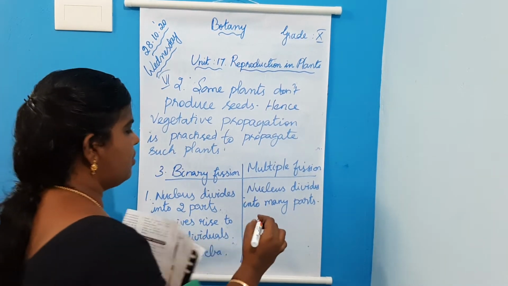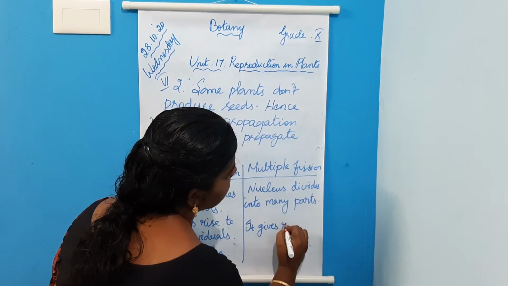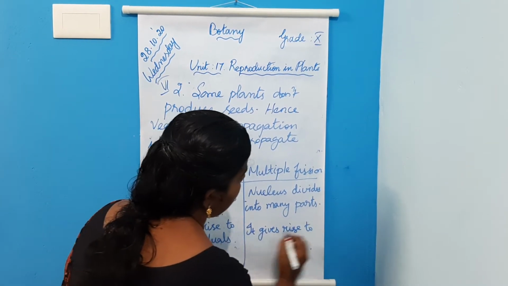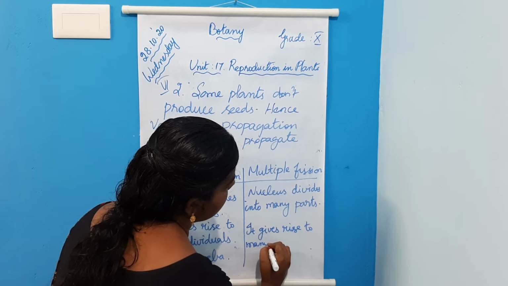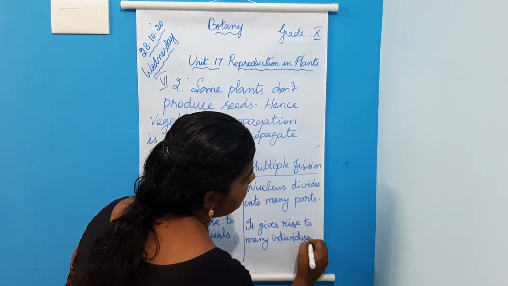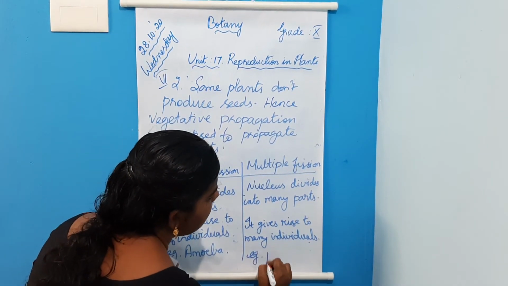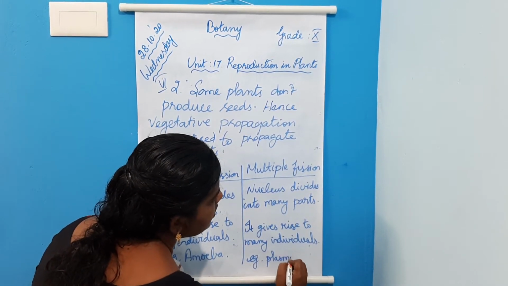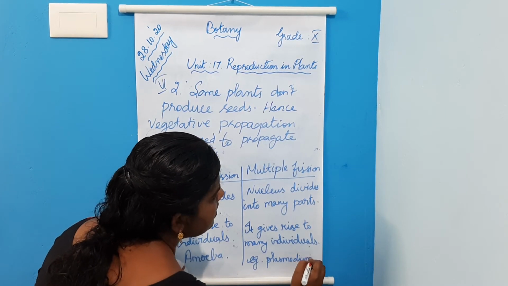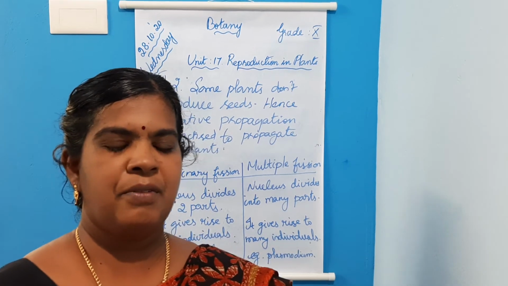Here, multiple fission gives rise to many individuals. Example, Plasmodium. So these are the differences between binary fission and multiple fission.